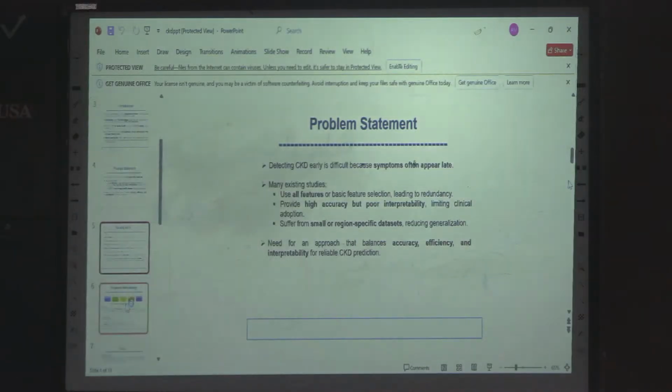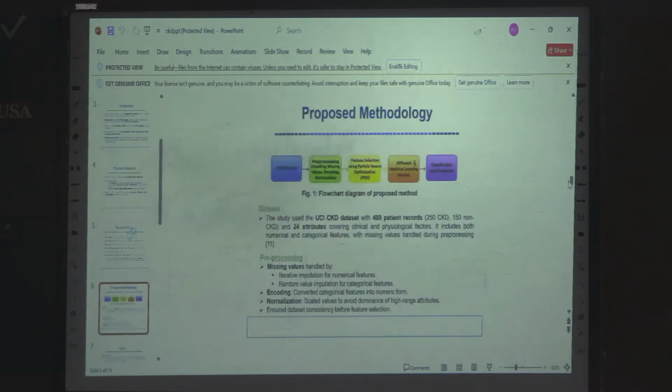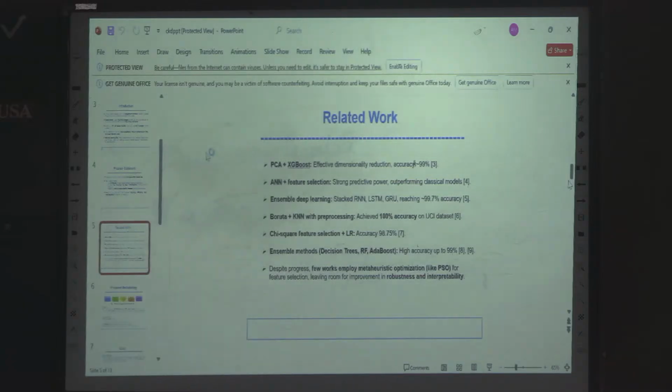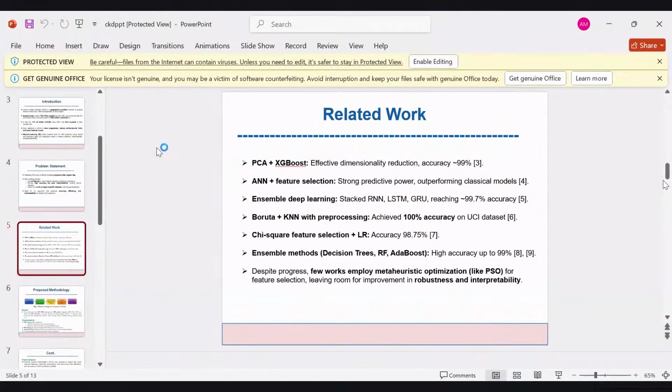Okay, moving on to the next slide. The related work done earlier for the detection of CKD includes PCA plus XGBoost, with accuracy of 99%.